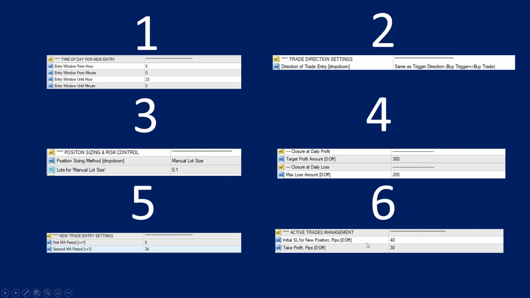And then the initial stop loss and take profit, also important settings, because they can either be too big or too small, and the ratio between them can be wrong. You can have huge stops and small targets, or small targets and huge stops, and that will impact the results that you achieve.